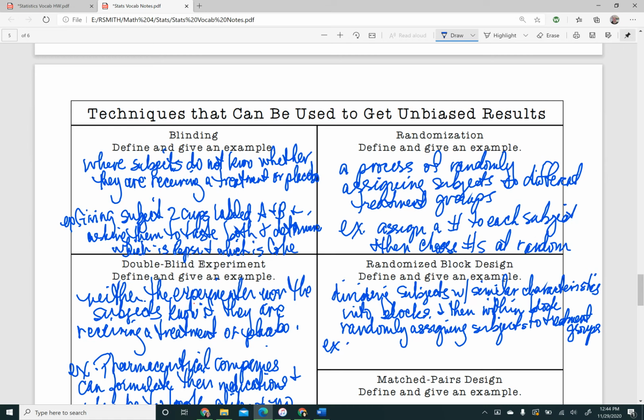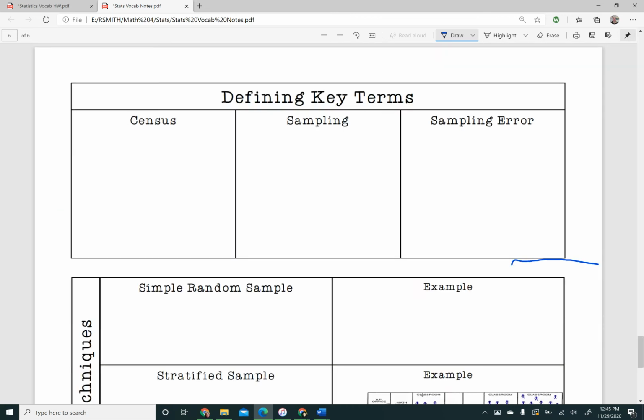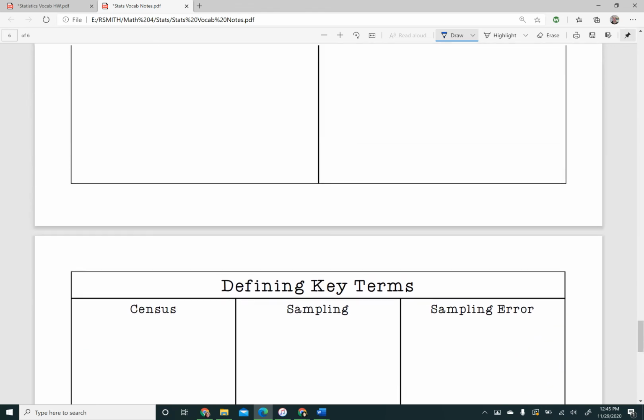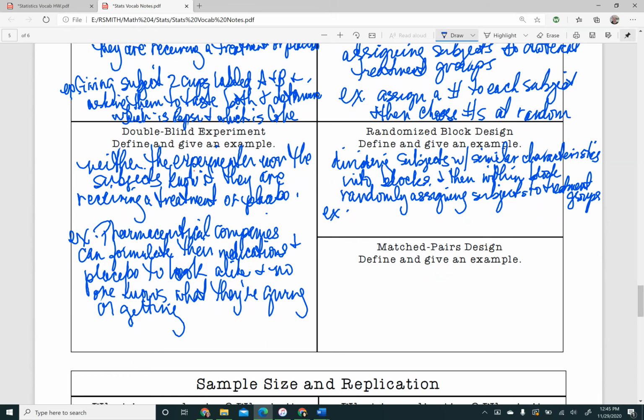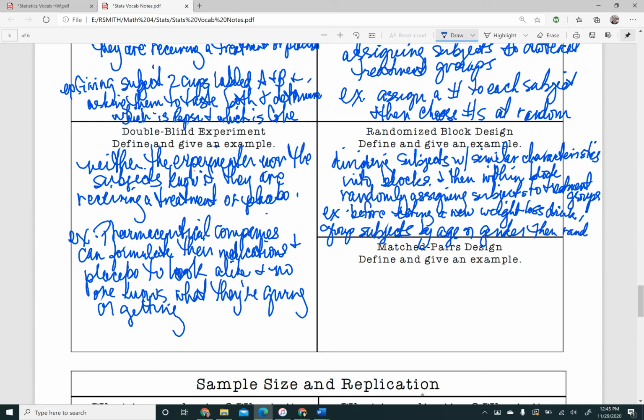So for example, before testing a new weight loss drink, group subjects by age or gender. Then random assignment.